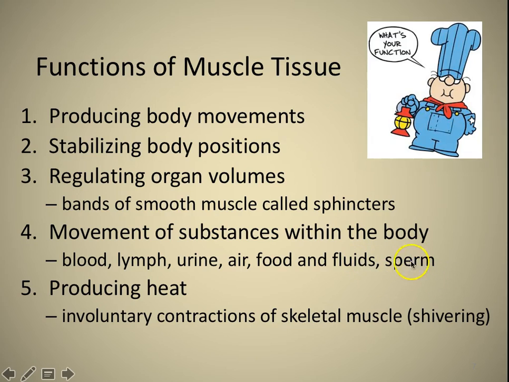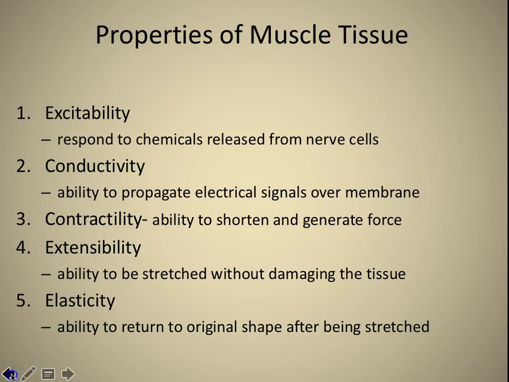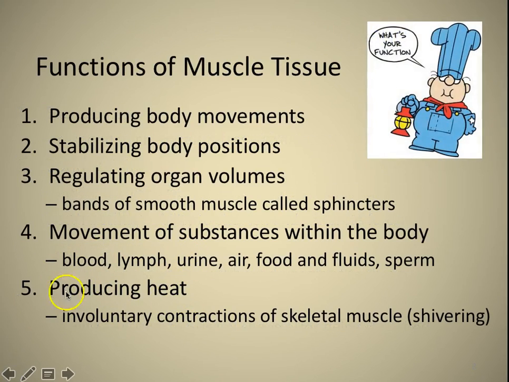So those tubes that take the sperm from the testes through the male reproductive system will also have smooth muscle in them. Oh, one last point: muscles will also produce heat. We know this. When you're cold, what do you do? You shiver, and the act will produce heat. You also know this, like if you're jogging or doing something really active, you start sweating because you've gotten hot because the muscles have produced heat. Okay.